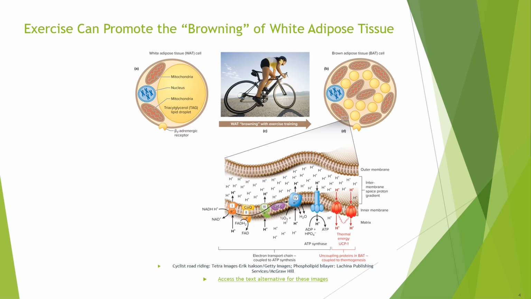The benefits of browning are, of course, increased energy expenditure. Beige fat cells, like brown fat cells, burn calories to produce heat, thereby increasing overall energy expenditure. There's improved metabolic health. Browning of the white fat is associated with improved insulin sensitivity, reduced inflammation, and a lower risk of obesity-related diseases.